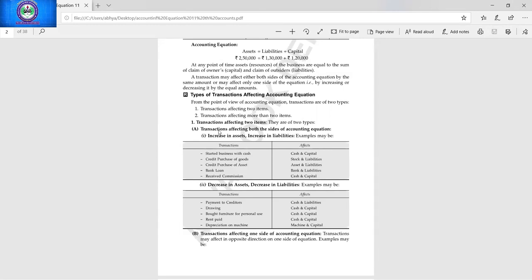Like you have purchased an asset, so can you say it is an expense? No, it is not an expense. Expense means only revenue expenditure, not capital expenditure. Whenever you buy an asset, it will increase your assets. It will be considered an asset, not an expense.